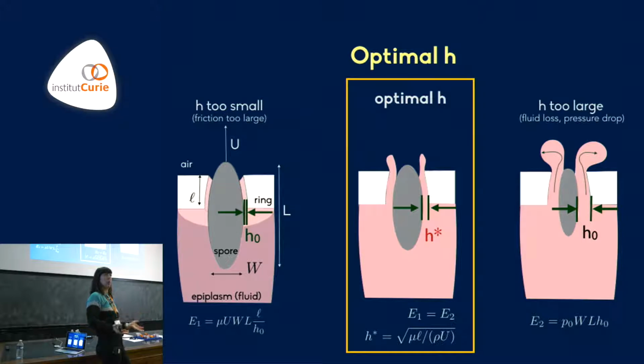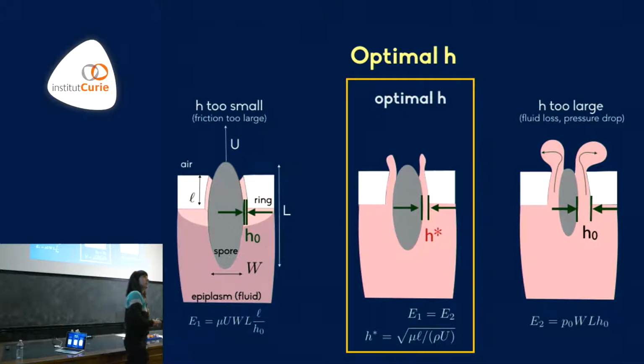I didn't tell you what this optimum is, but if you balance these two energies, the energy loss due to viscous dissipation and the energy loss due to loss of pressure head, then you'll get the optimal H. H is the distance between the spore and the ring. It's the width of the fluid layer. Great, yes?